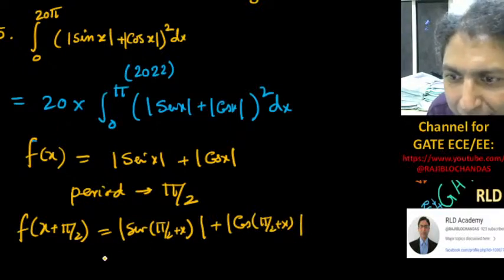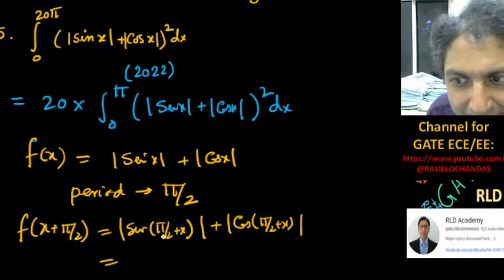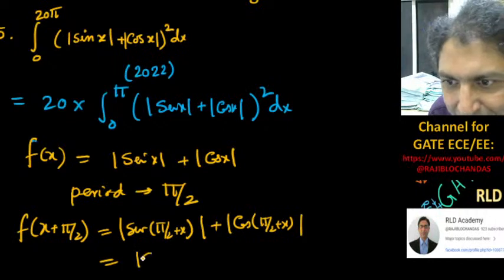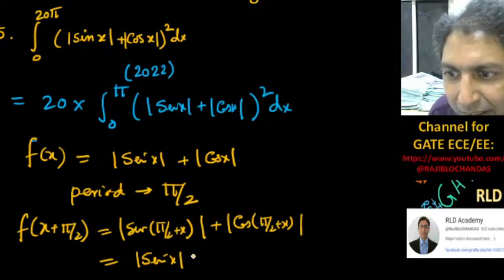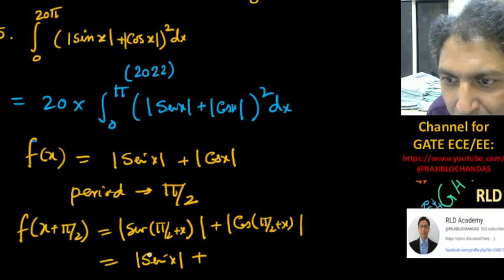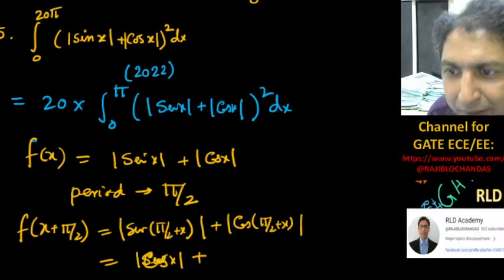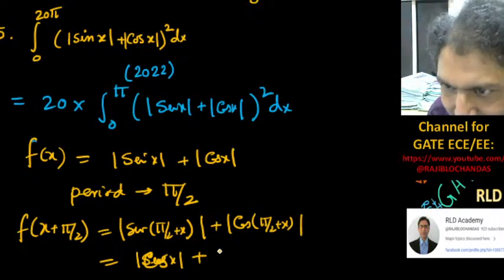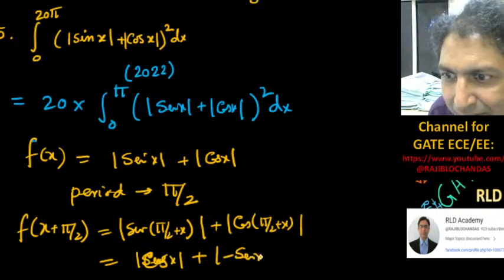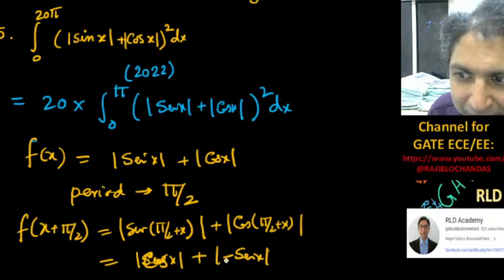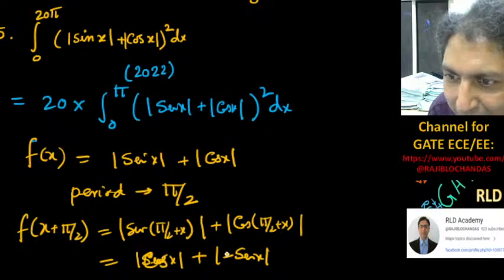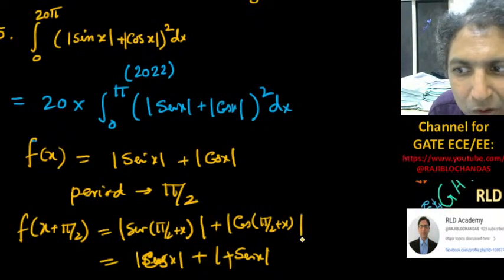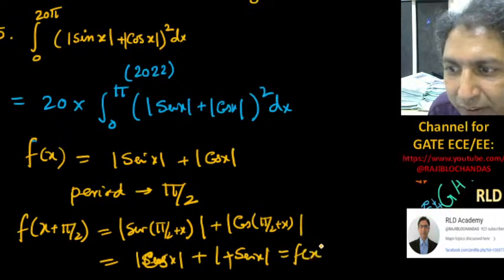Now you can see here that mod of sin of pi by 2 plus x, it's your cos x, so this is mod of cos x, and this one, cos of pi by 2 plus x is your minus sin x, it's a minus sin x mod, but minus sin x mod and sin x mod is the same thing, so I will get the same function f of x.